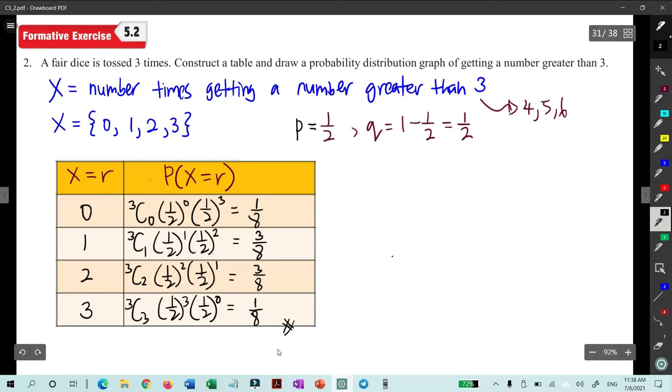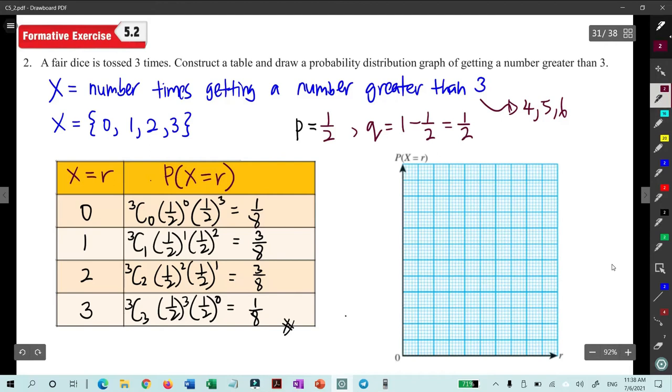Now let's draw a probability distribution graph based on the values that we already calculated in this table. In this graph, on the vertical axis, we're going to label the probability.